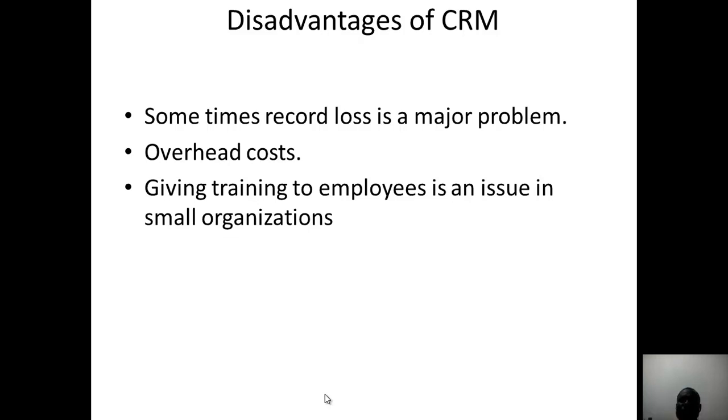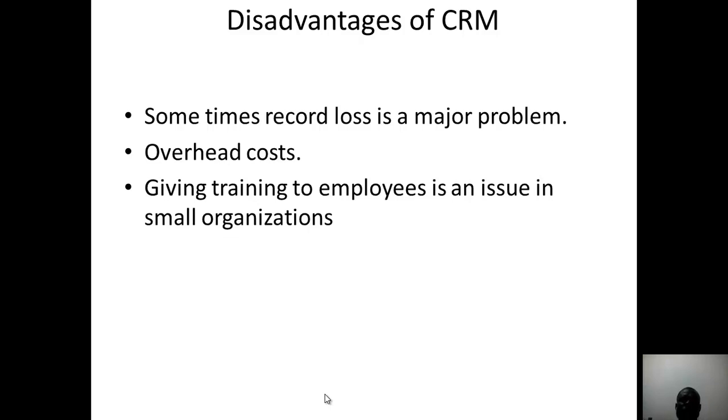Sometimes record loss is a major problem. You can easily lose a record. And overhead costs. The overhead costs here, because you provide for a lot of customers, you provide a bit of incentive. Sometimes you have to provide a warehouse to really store the items so that you can ship to them in real time. So there is a cost to incur. But if you're able to do it well, you also reap the profit to overcome that cost.